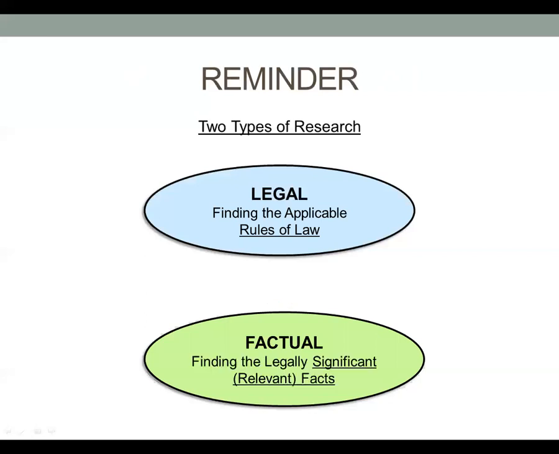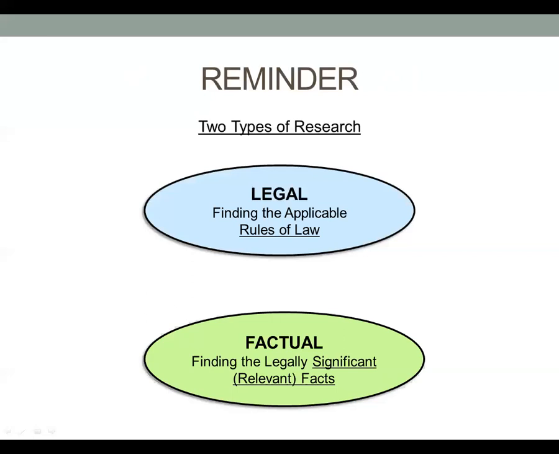So in doing that, it's kind of a back and forth. Usually you'll first obtain some facts from the client, and on the basis of those facts, you'll go find rules of law that appear to fit those facts the most closely.